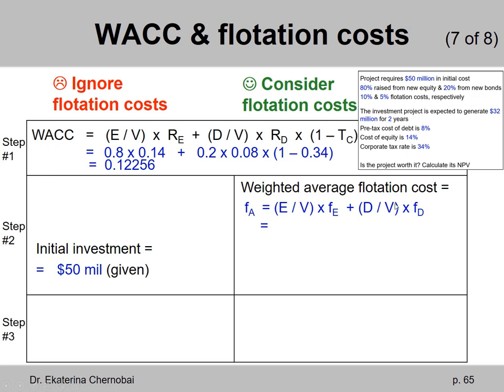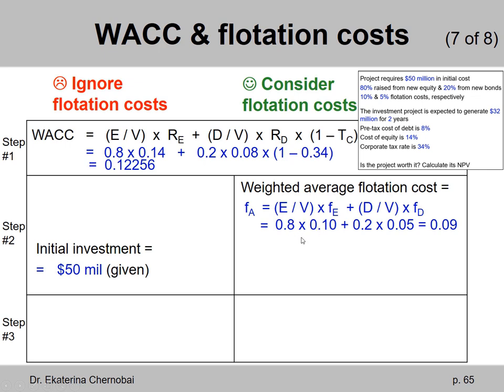The overall flotation cost, when the money comes from 2 sources, new equity and new bonds, will be calculated by taking the weight of equity, 0.8, just like the weight we used in the WACC formula. So notice how we use it 2 times for 2 different things.